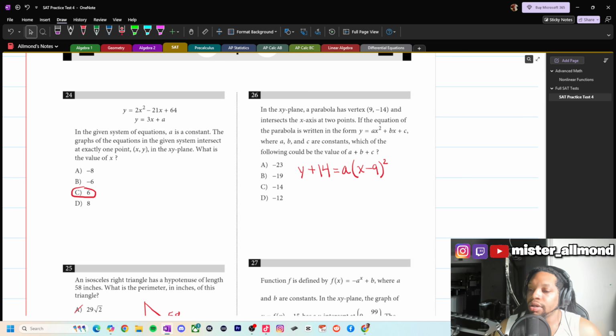So I'm going to keep my 14 on the left for right now, and then I'm going to FOIL my x minus 9. I hope this is the right strategy. So that'll be A times x squared for my inner. My outer will be negative 18x plus 81.